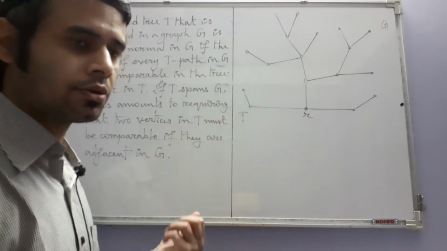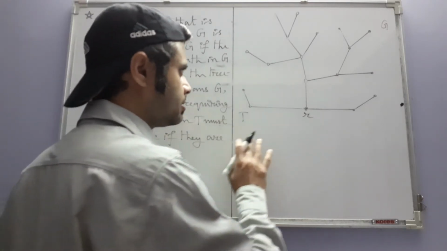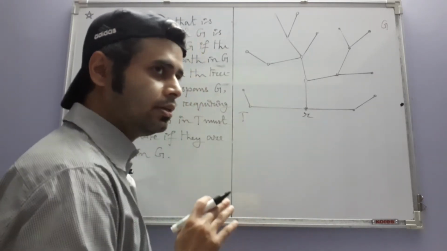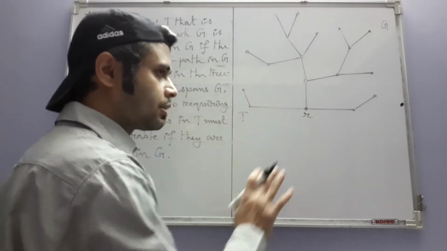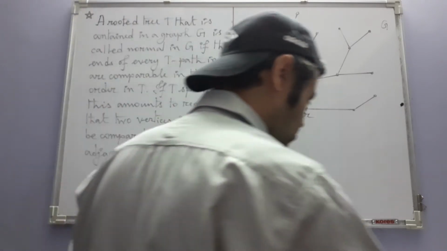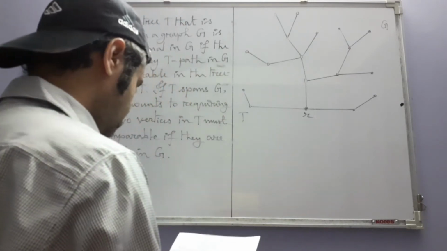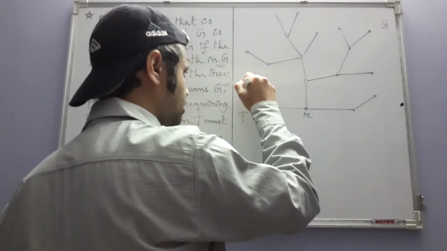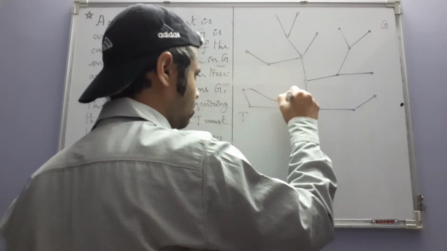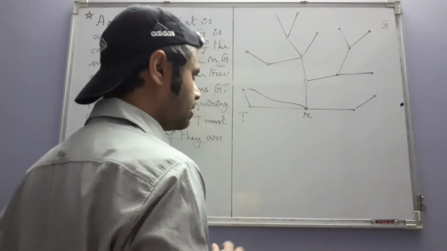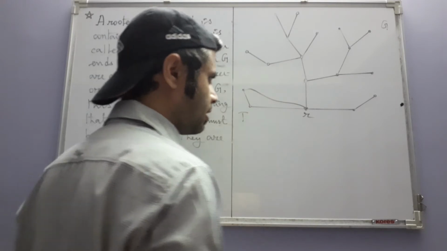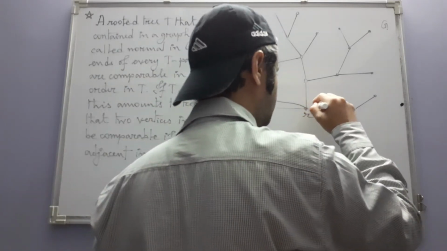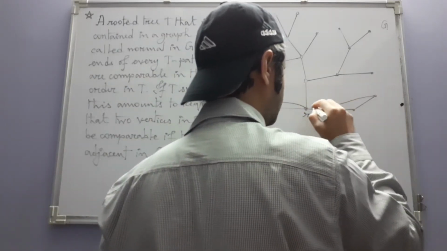Okay, these are the only vertices. So T is going to be a spanning tree in G, but extra edges are there. Now those edges have to be drawn carefully, which are there in the graph but which are not parts of the tree. So this is one edge. These two vertices are adjacent in G. This is another edge.